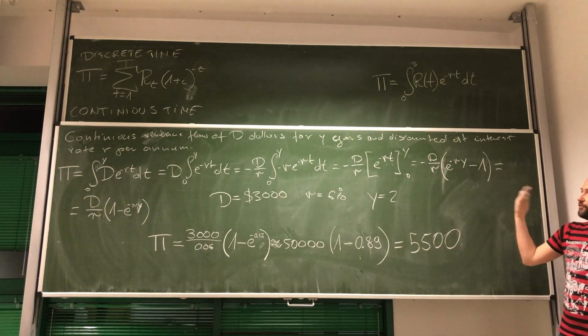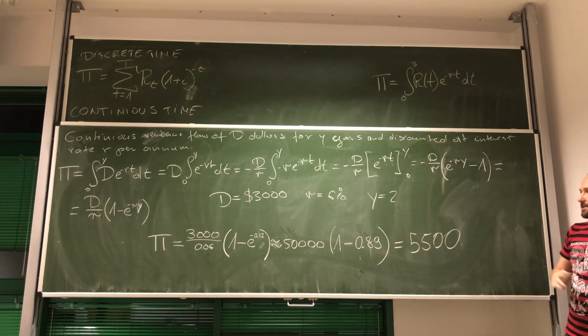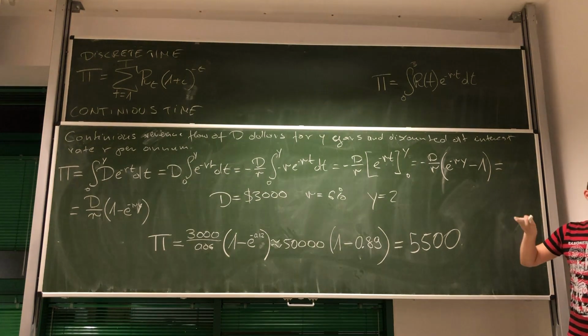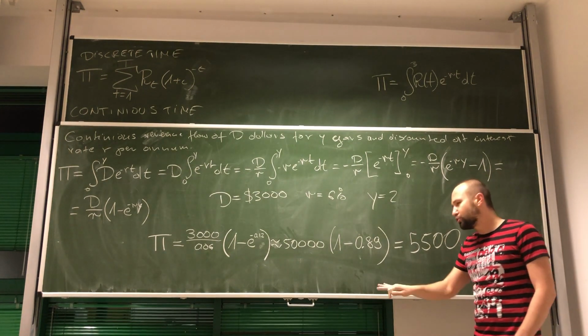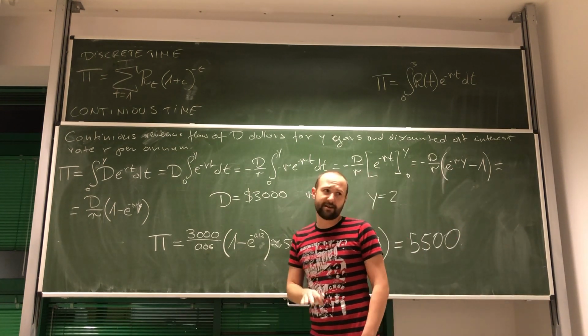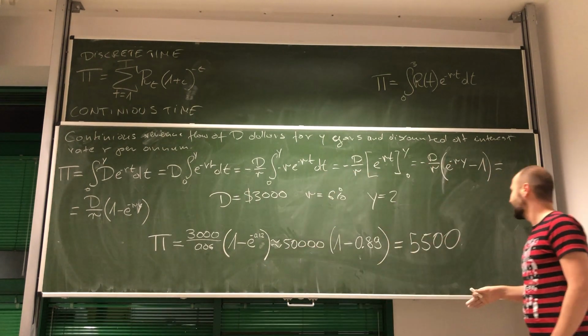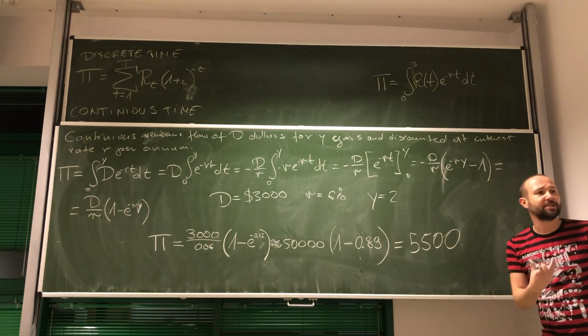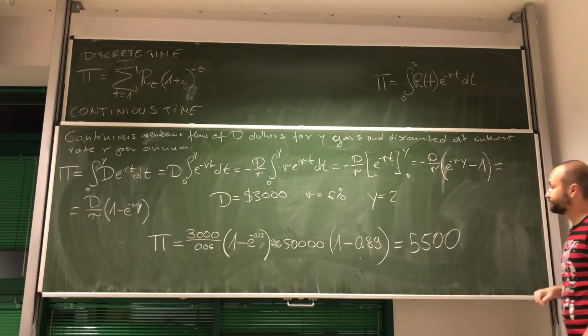Well, if you would be offered to purchase this instrument for $5,000, you should definitely do it. But if they would offer you $5,800, this would be a bad idea, because the better idea would be to take this $5,800, put it into a bank, and you would just make more money, right?